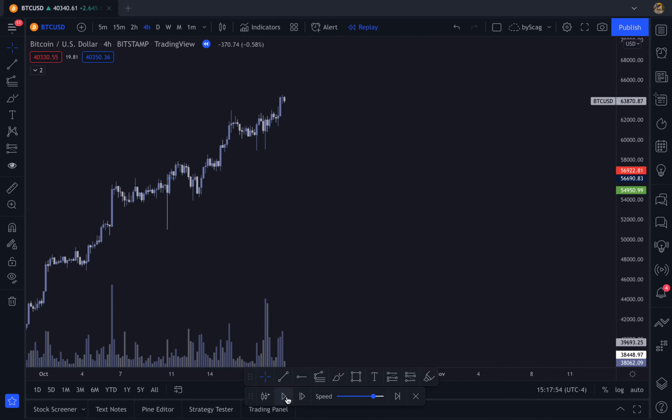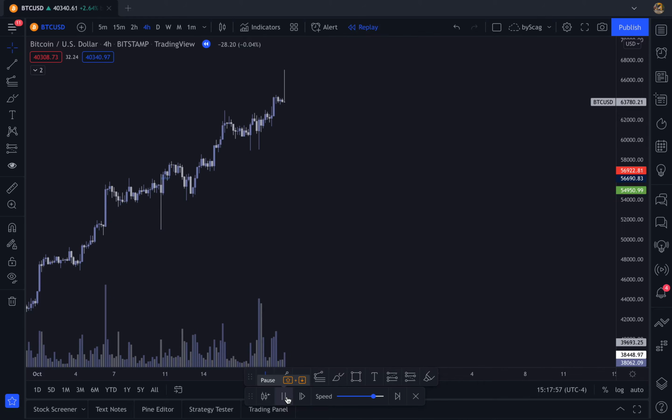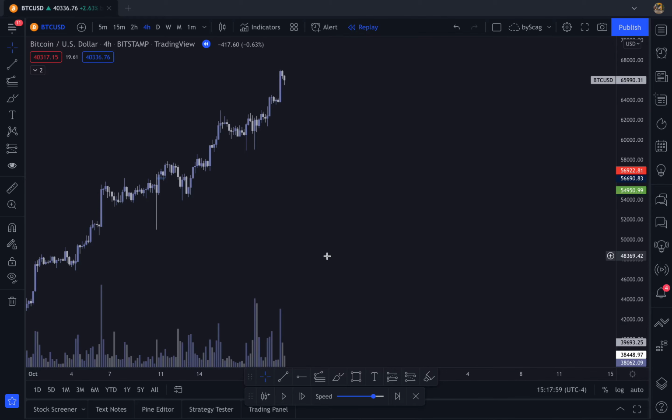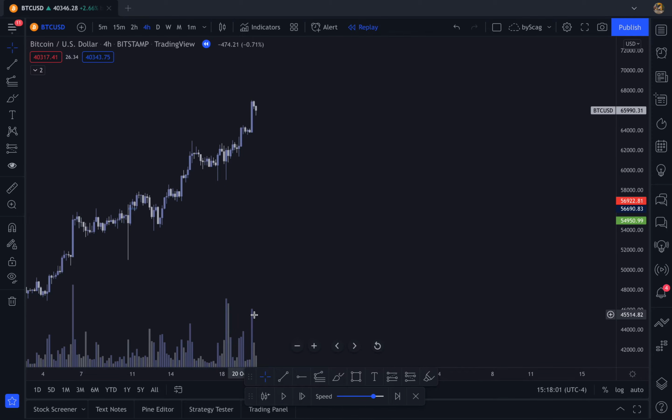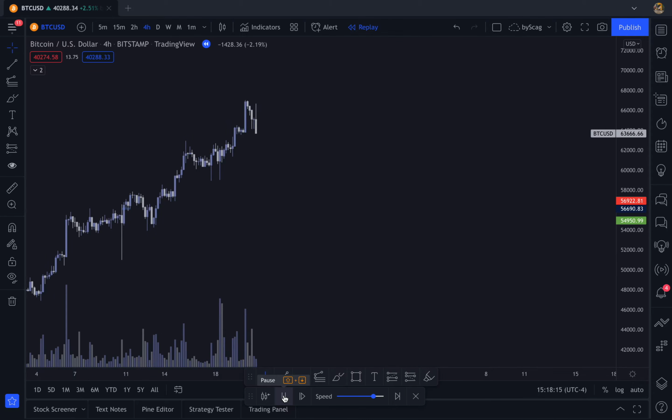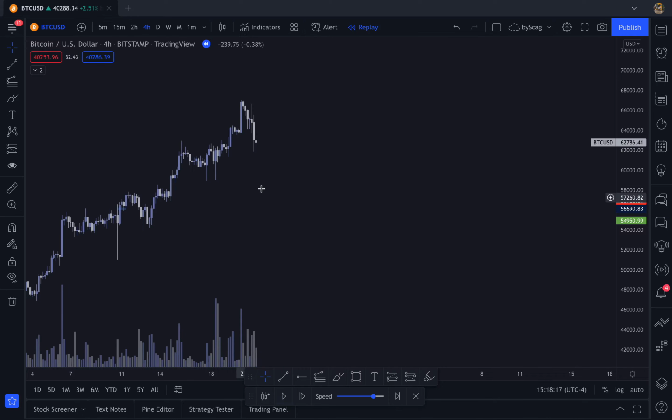So let's take a look at what happens shortly after this. All right, we have another push up again, this time on more volume than we saw previously, but still less than this kind of supply and demand battle here. So we start to see these kind of high efforts to bring price above this, but it is ultimately lacking in that effort. Now we start to get some corrective moves to the downside, immediately erasing and breaking that structure.